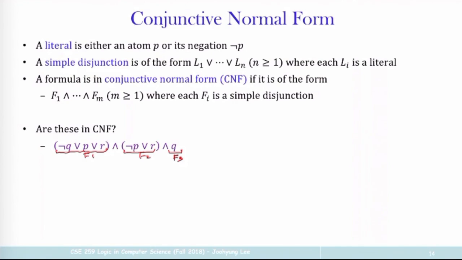P is a literal, R is a literal, and a disjunction over them is a simple disjunction. Now Q is a bit tricky, but if you look at the index carefully, you don't actually need a disjunction. If you have only one, that's also called a simple disjunction by definition. If you look at the second bullet, a simple disjunction has this form. When n equals 1, there is no disjunction. There is only one literal L1. And that's what the third case is about.